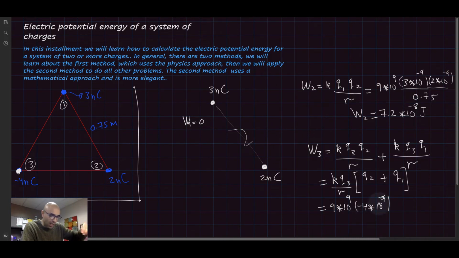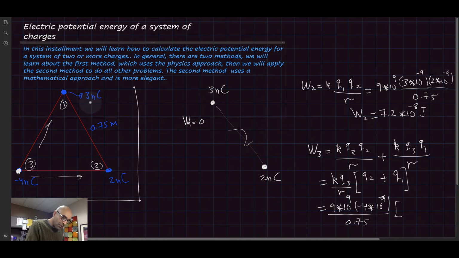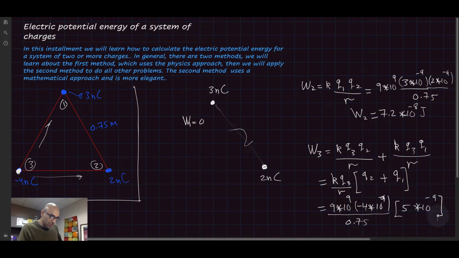If it is negative, we put it negative. Now this is divided by the distance, which is the same as before, 0.75. We agreed on that. And Q2 plus Q1 is 2 plus 3, which is 5 nanocoulomb, 10 to minus 9.